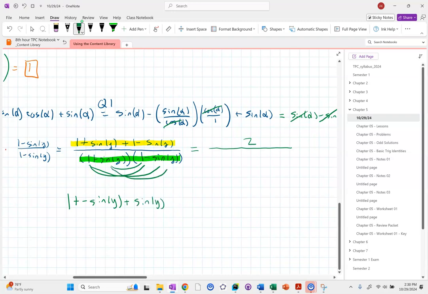And sine y times negative sine y is negative sine y squared. Is that okay? When you combine like terms, what do we get? Right? Those guys had to give a 0.